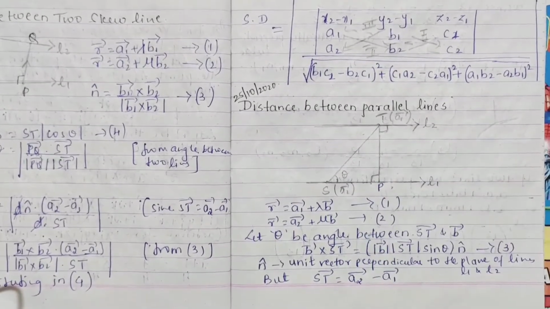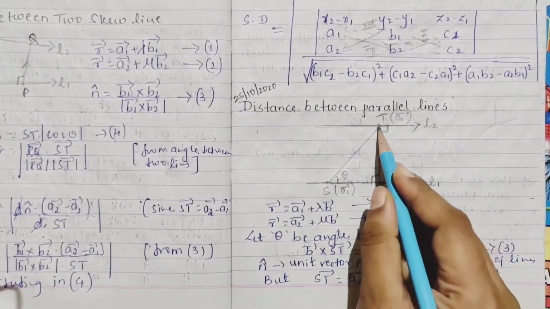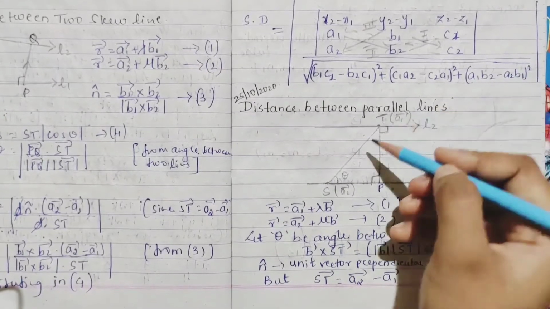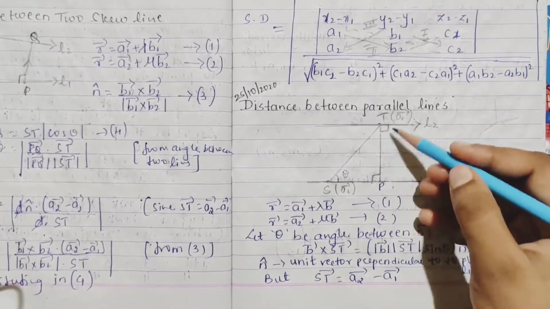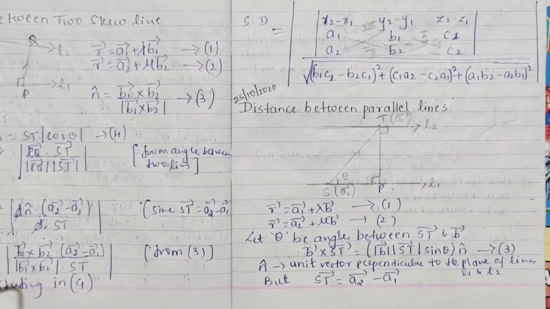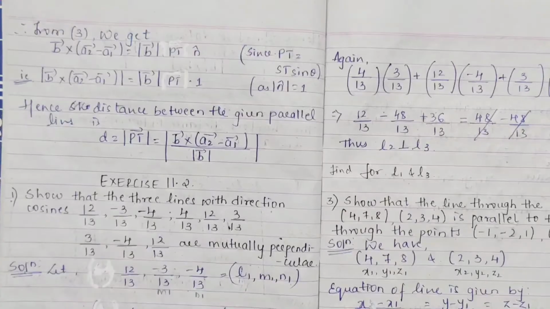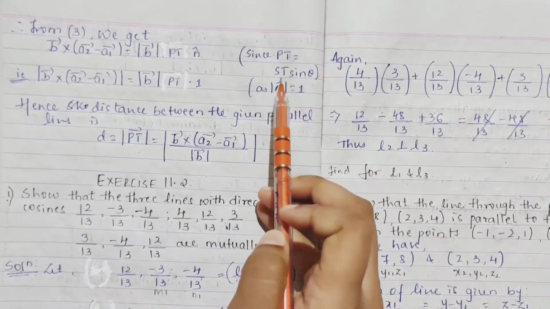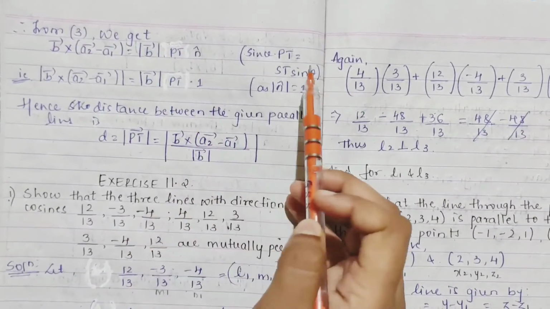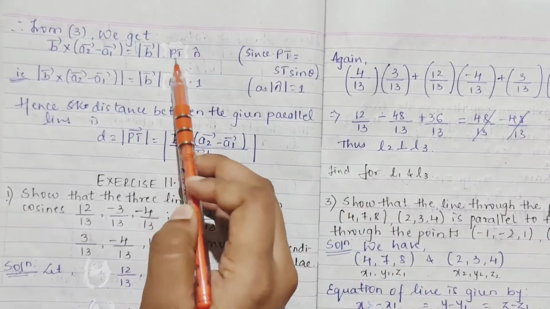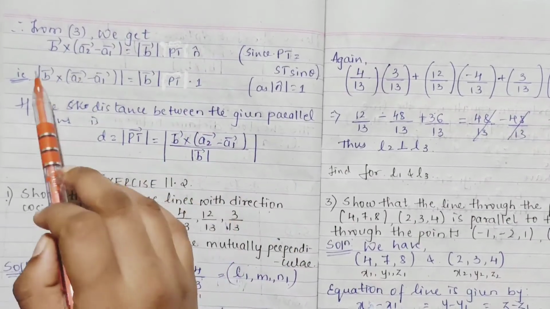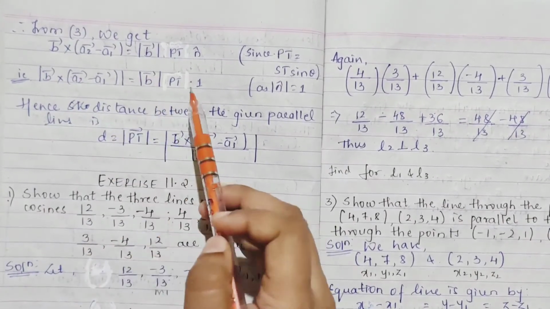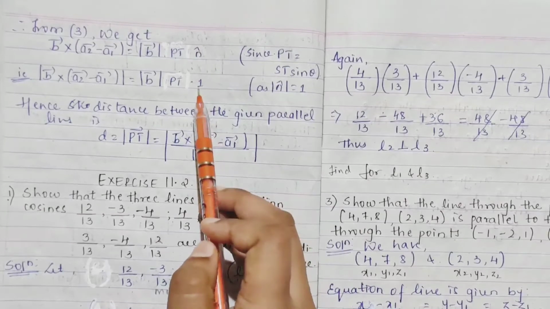Here it will be 90 degrees, and from here this also will be 90 degrees, so these angles will be corresponding angles. So at the end, PT is taken as ST sin theta, so the whole ST sin theta is replaced by PT and n cap. Applying modulus, the modulus of n cap is taken as 1.